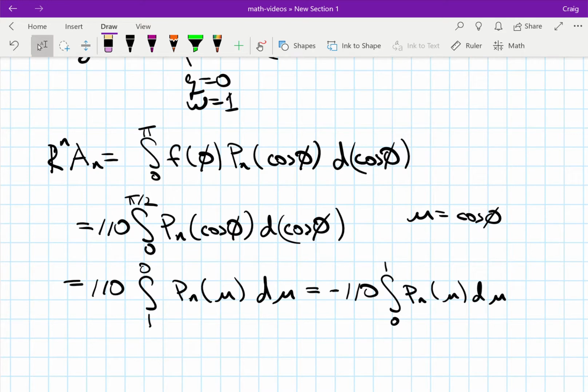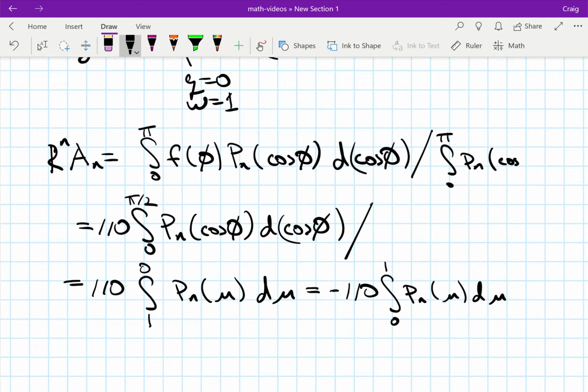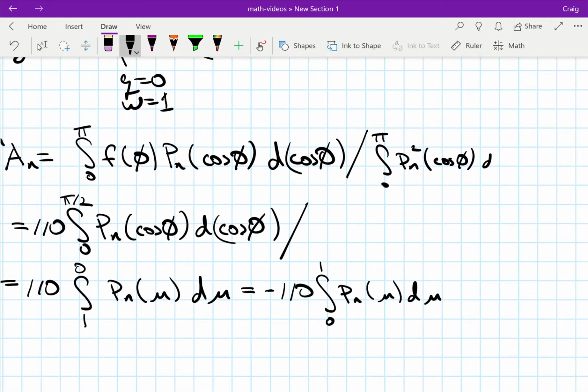Whenever I have a Sturm-Liouville projection, I need to normalize by the square of the eigenvector. So Pn of cos phi squared d cos phi, and that will still appear here.